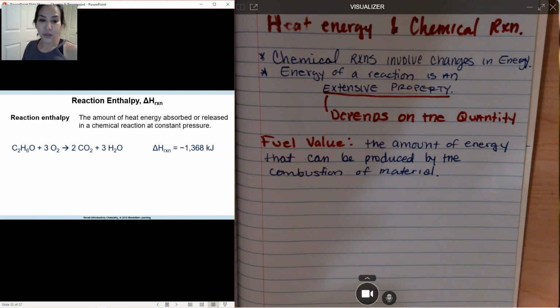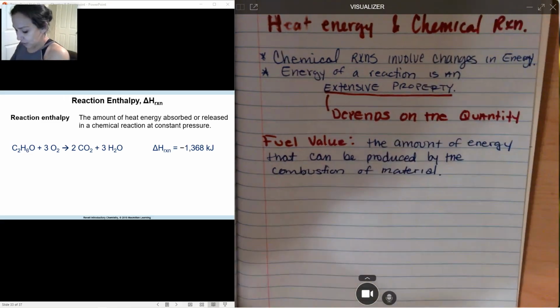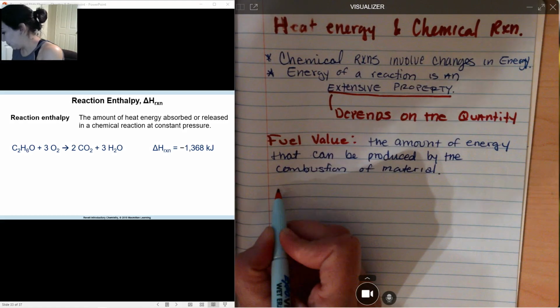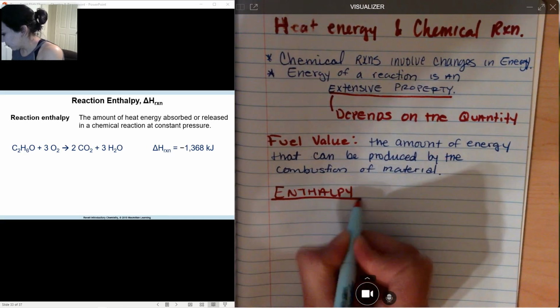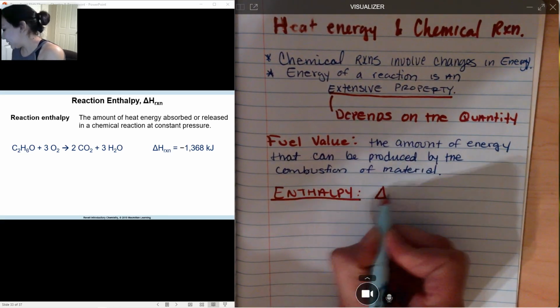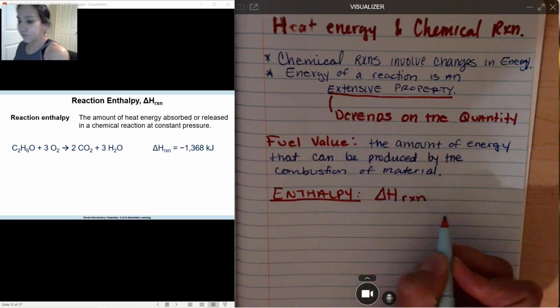All right. Now we're going to look into something called the reaction enthalpy. So reaction enthalpy is the amount of heat energy absorbed or released in a chemical reaction, but the chemical reaction has to be at a constant pressure, right? So we can't remove that constant pressure. One of the most important measures of energy change in the reaction will be your enthalpy. Okay. So let's go ahead and write our enthalpy down. So enthalpy. And enthalpy is denoted by delta H of the reaction. Okay.